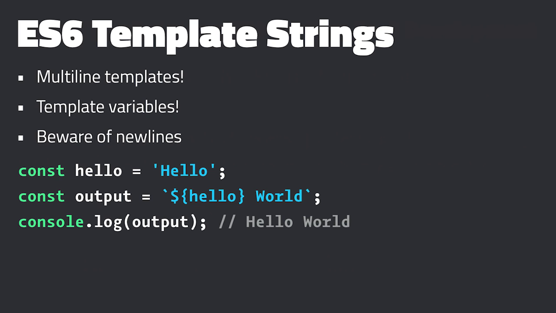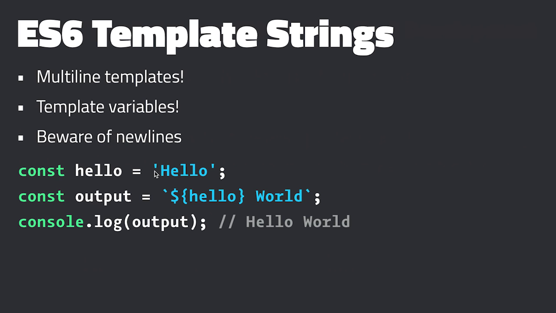So one of the first ones, and this goes for other modern frameworks too, is ES6 template strings. It used to be that in JavaScript you had your single quote or double quote and it gave you the same sort of standard string. In ES6, they've actually expanded that. Now there's a backtick, and what that lets you do is write strings that have multiple lines in them. And additionally, it also lets you put in variables.